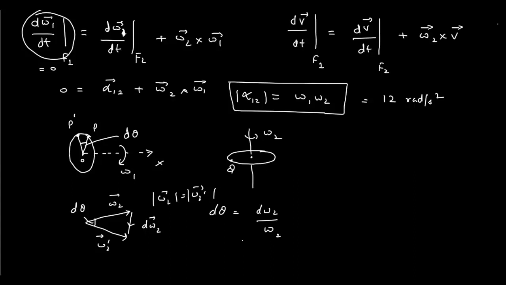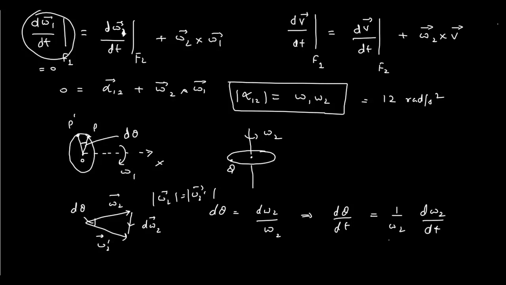Clear? So if I divide this result both sides by dt, I will get d theta by dt is equal to 1 by omega 2 d omega 2 by dt.